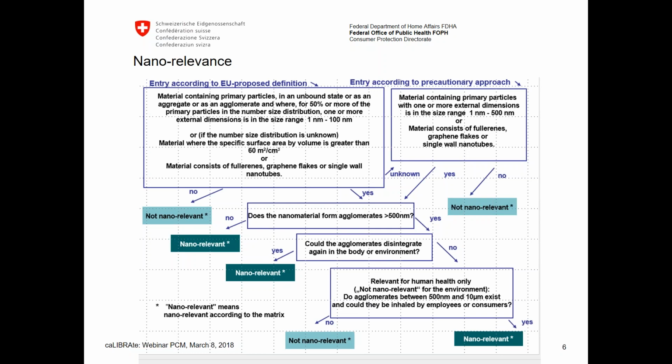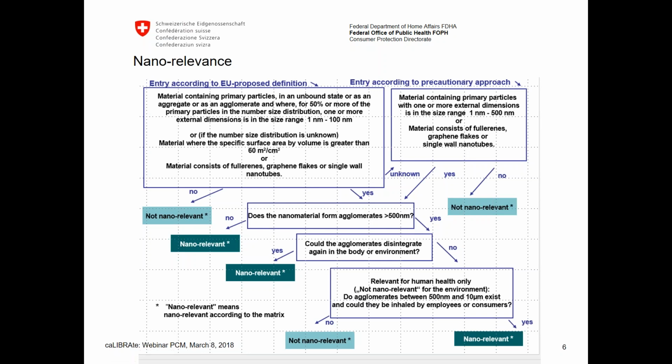The second one is the precautionary gate to enter the matrix. There, by definition, you have primary particles between 1 and 500 nanometers. If these definitions are true, then another question will be asked: does the nanomaterial form agglomerates bigger than 500 nanometers?